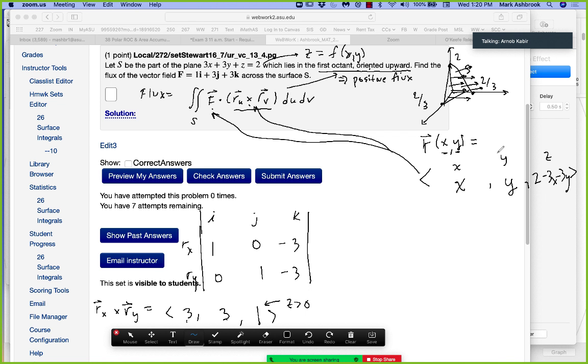What could we do if it did not agree? We'll see an example of that. If we did Ry cross Rx, what would we have gotten for this vector? Would it have been the negative values? Yeah, if you did Ry cross Rx, you would get negative 3, negative 3, negative 1.